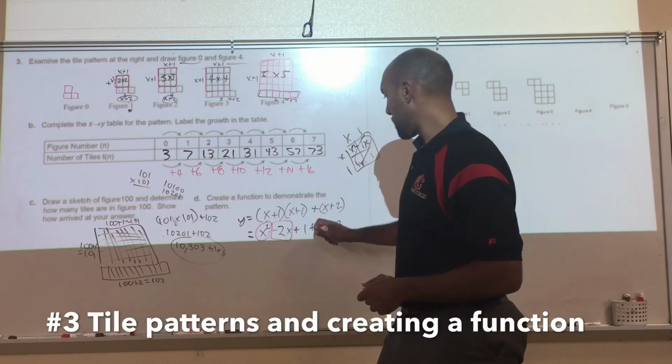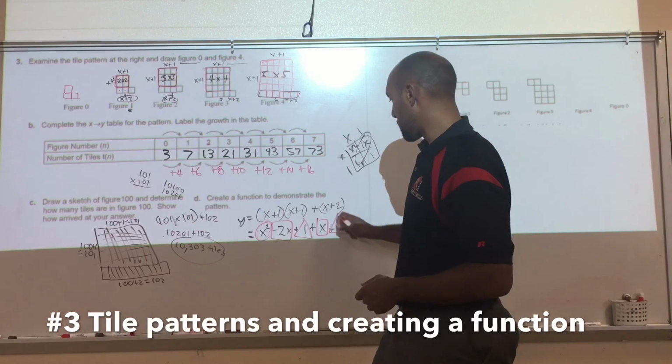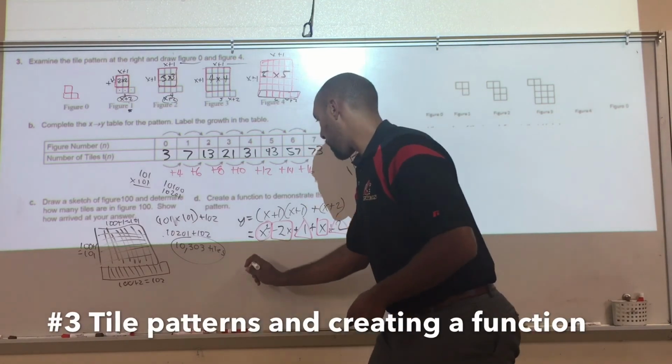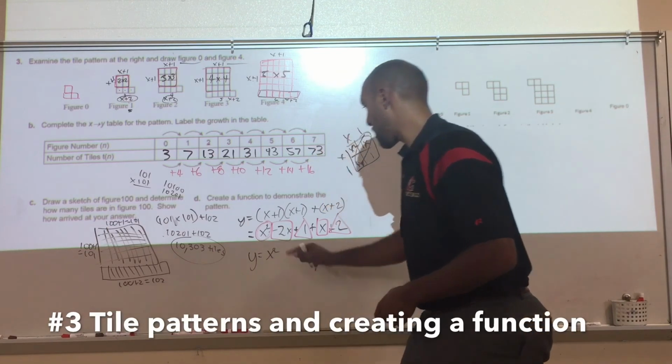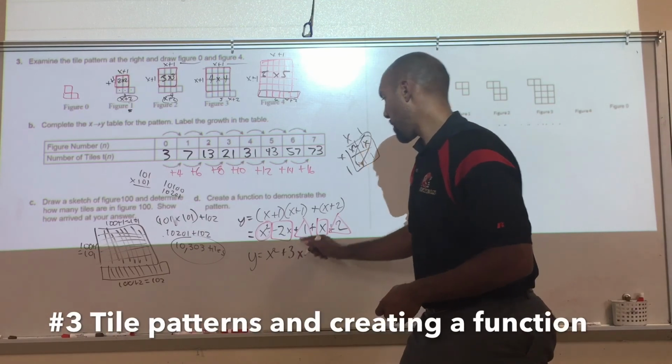Then 2x and x, and then the last one would be these constants. So we're going to add the like terms together. So now y equals x squared, and we have 2x and x, so that's 3x. And then 1 and 2, so 3.